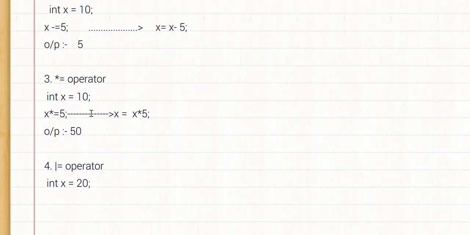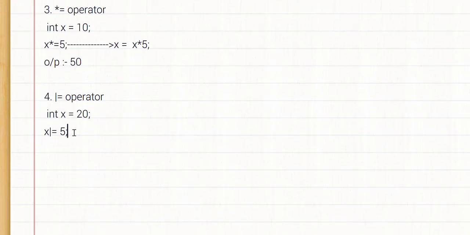Let's change it, and now the value will be 5. x slash equals to 5, and this can be written as x equals to x slash 5. It is division.